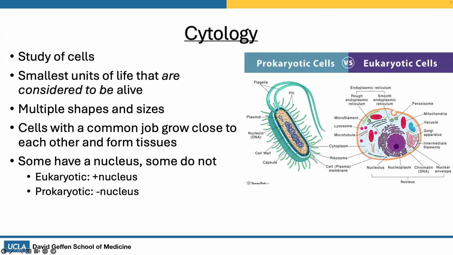So not all cells are the same. They all share certain characteristics, but they have key differences in multiple things, including whether or not they have a nucleus. Eukaryotic cells contain a nucleus, and as you can see in this image, genetic material is enclosed within that nucleus.